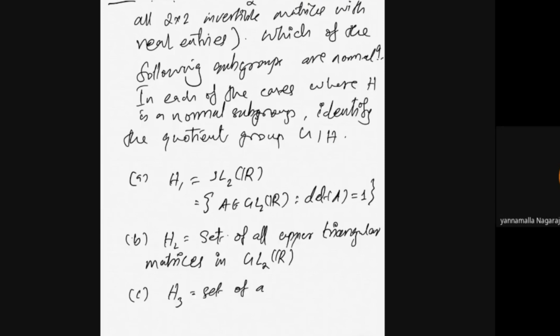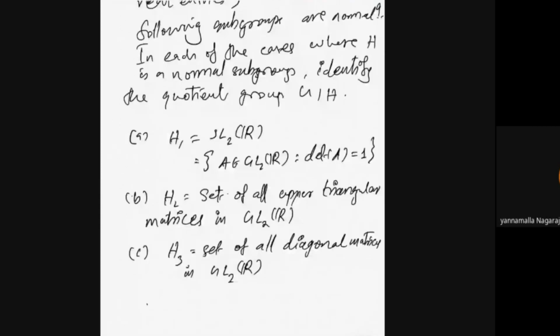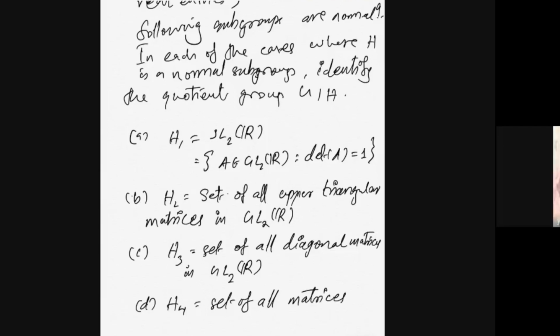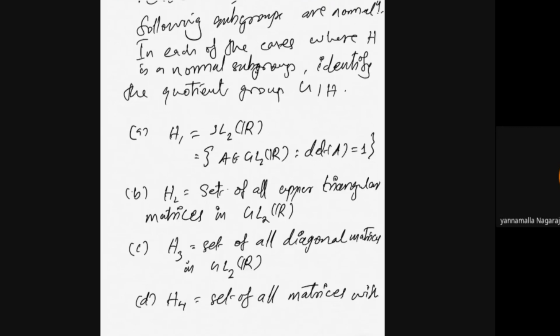H3, the set of all diagonal matrices in GL2R. H4, the set of all matrices with positive determinant.